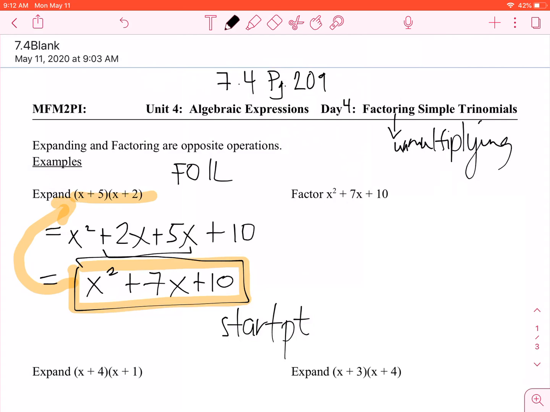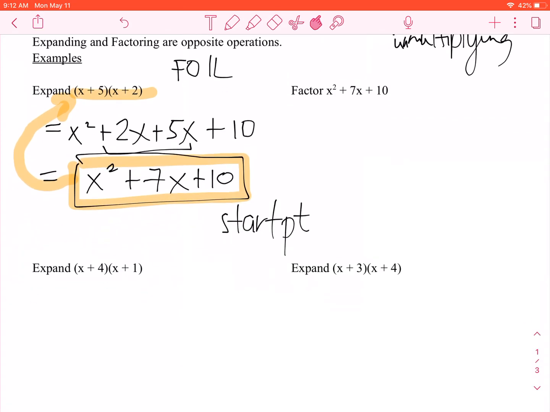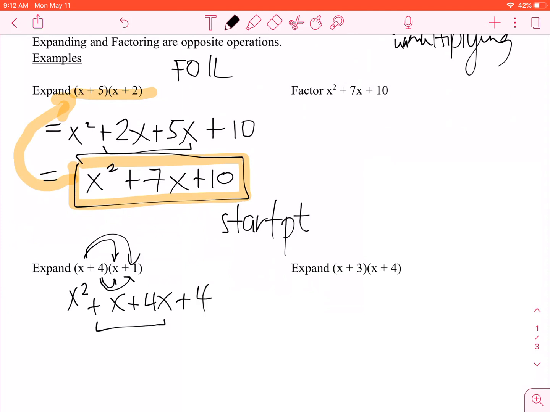Let's do another expand one just one more time to ensure that we have that skill under our belts. So we should have x squared, plus x, plus 4x, that's my inner, and then my last, positive 4. Once again we collect our like terms.